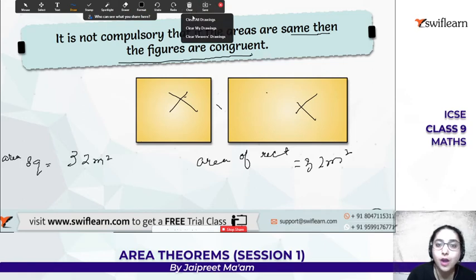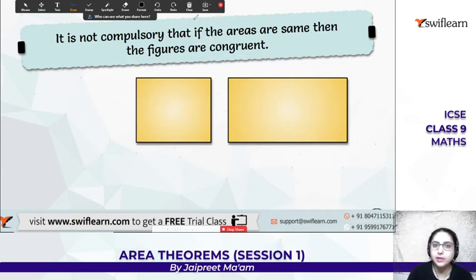The main thing you have to remember for congruent figures is simple: exactly the same in shape, and exactly the same in size.